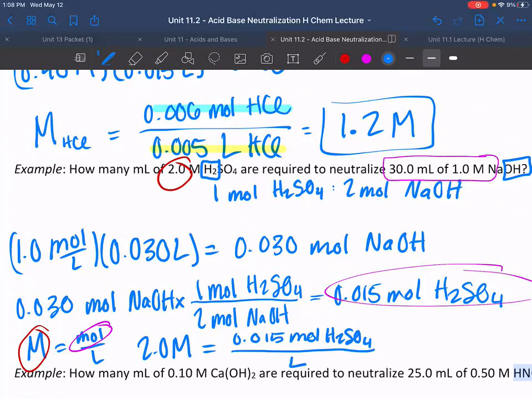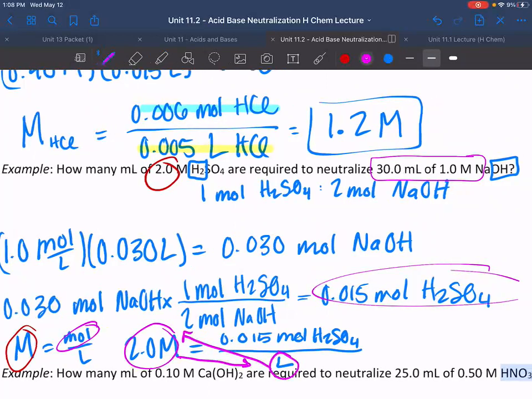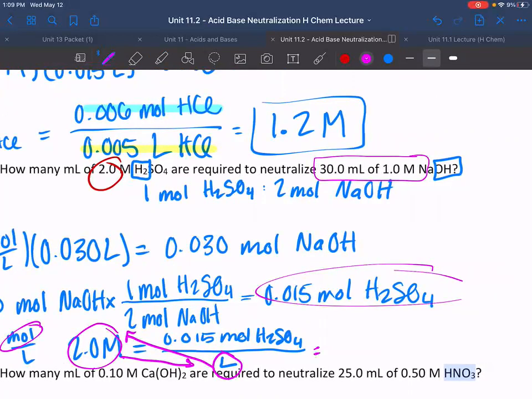We are solving for liters on the bottom of this fraction, so all we would be doing is swapping liters with the 2 molar. If you take 0.015 moles divided by 2 molar, we get 0.0075 liters or 7.5 mL. That's how much sulfuric acid it would take.